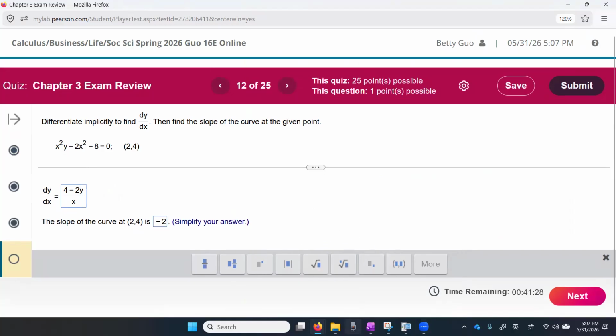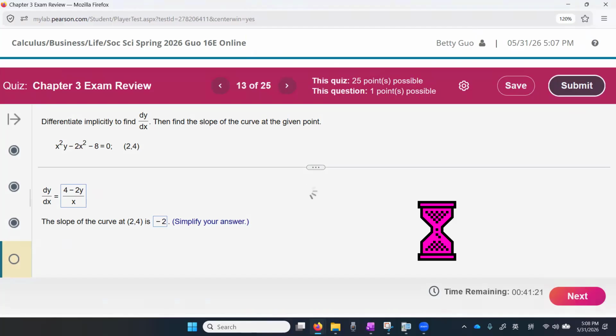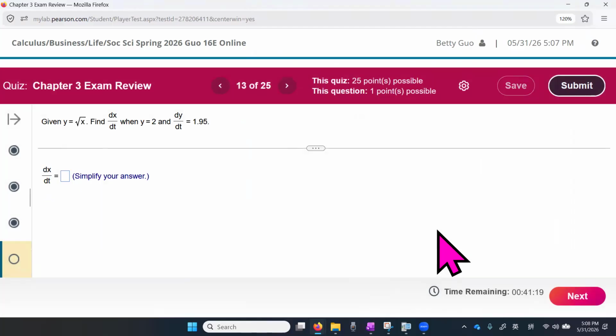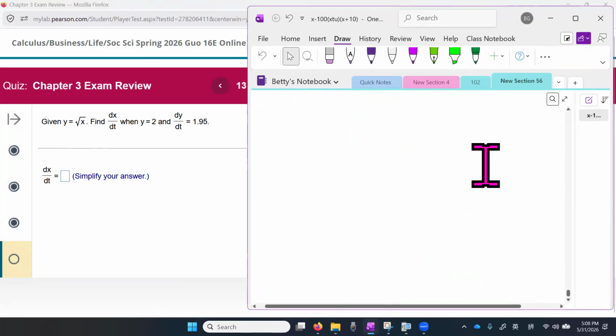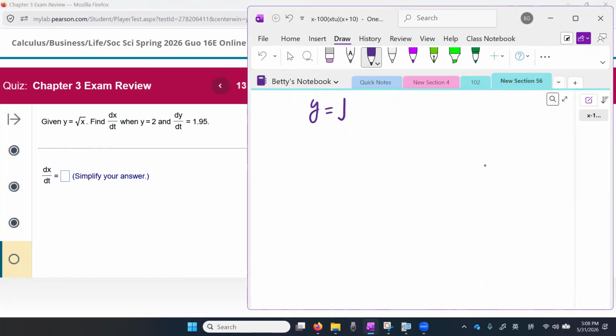All right, double check. 4 minus 2y over x. This one is to find dx/dt. The given equation is y equals root x. We are taking the left side and right side of the equation with respect to t.